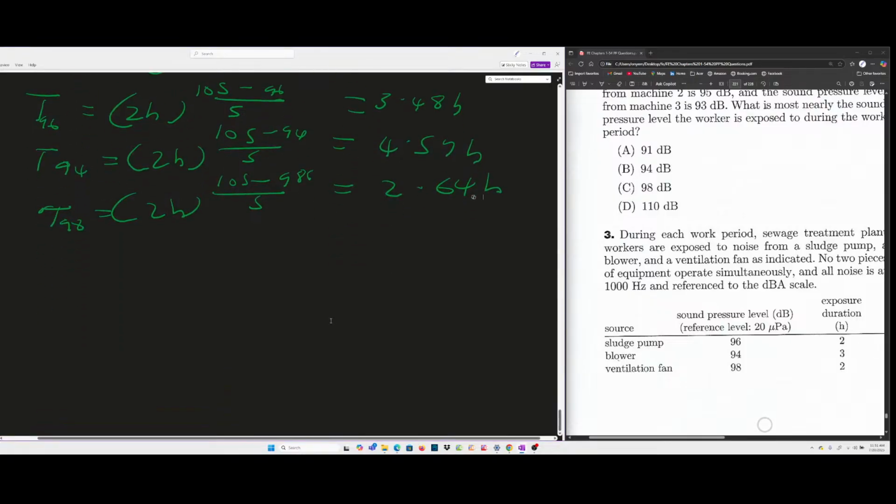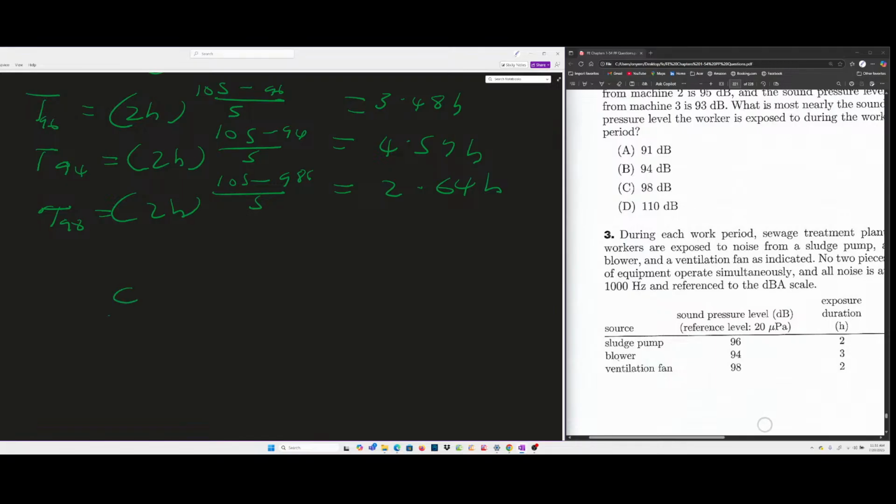So now we have the exposure time limit. We're going to do what we normally do: C over T, to calculate the number of exposures that happened.